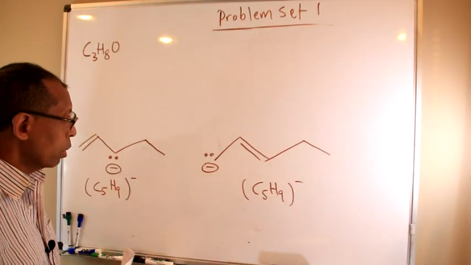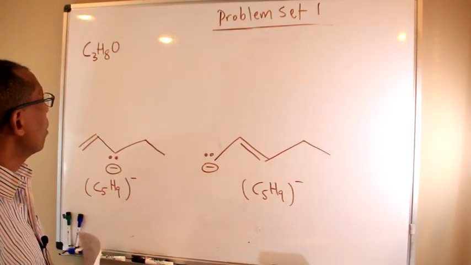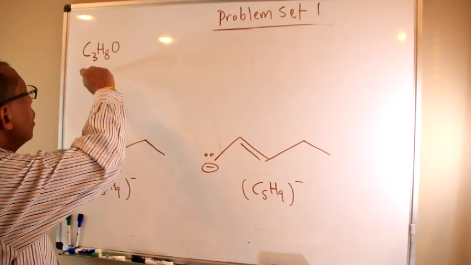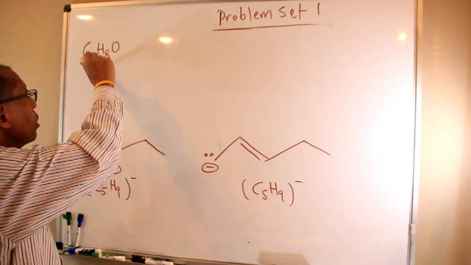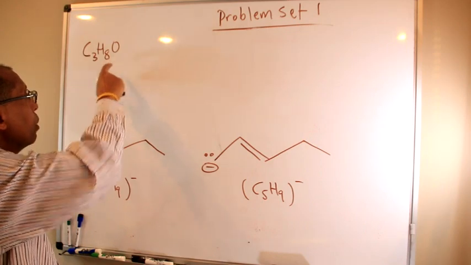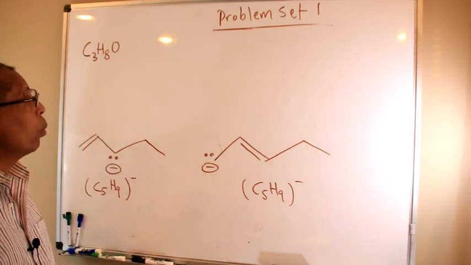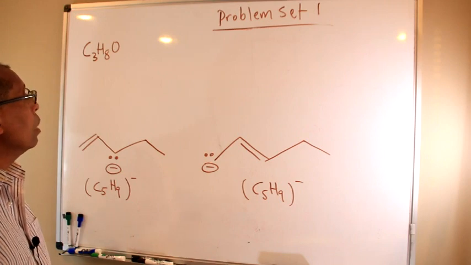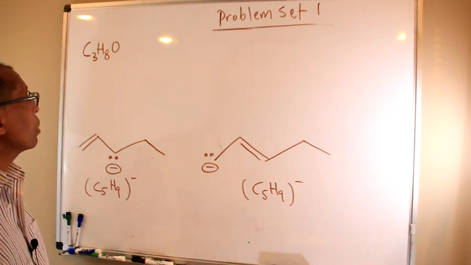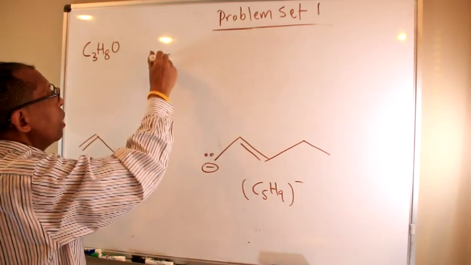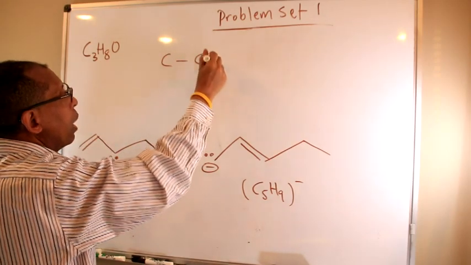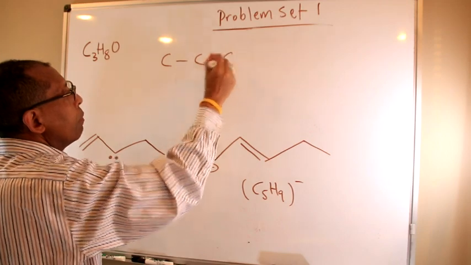Okay, continuing our discussion on some of the problem sets we have, let's draw structures for C3H8O and show what relationship they have between those compounds. For example, let's put the 3 carbons as a chain first.